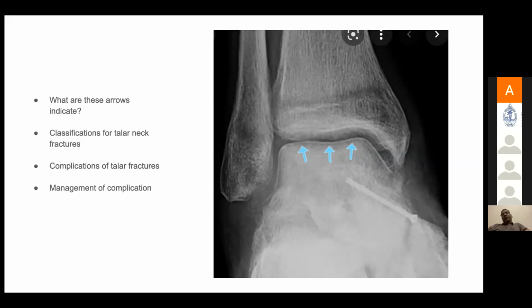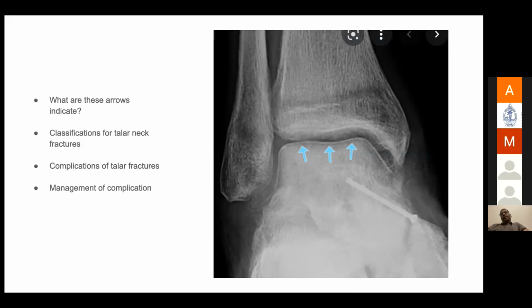And type 2? With the subtalar dislocation. Yes. So type 2 is a displaced fracture with the subtalar joint. Then type 3. Type 3 is with subtalar and tibiotalar dislocation.